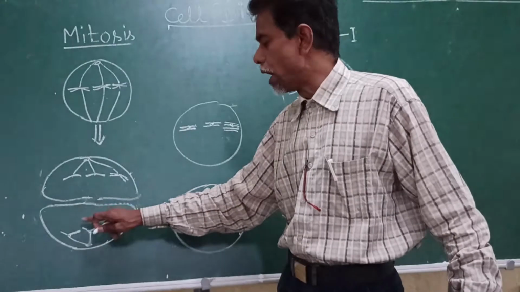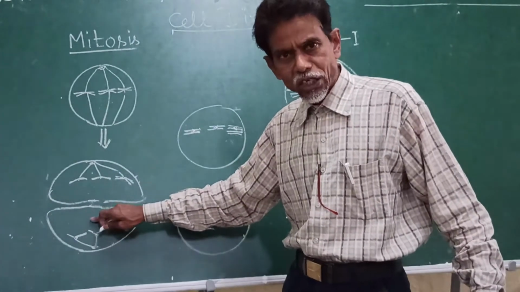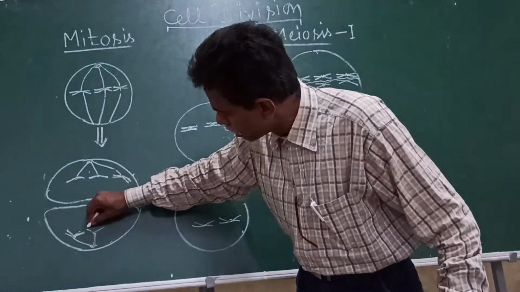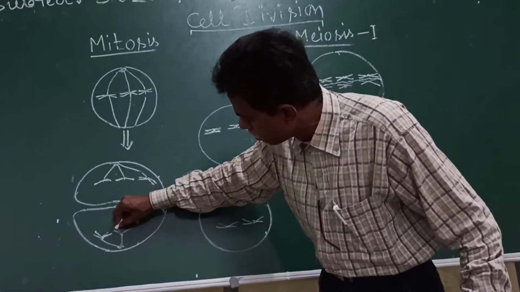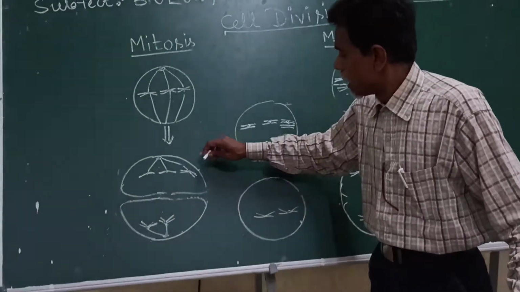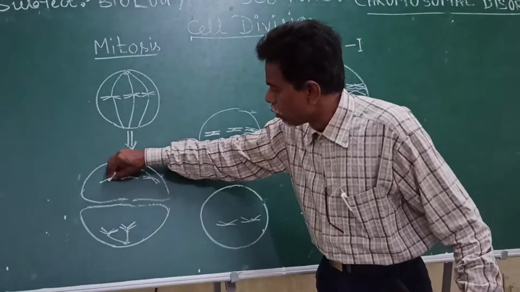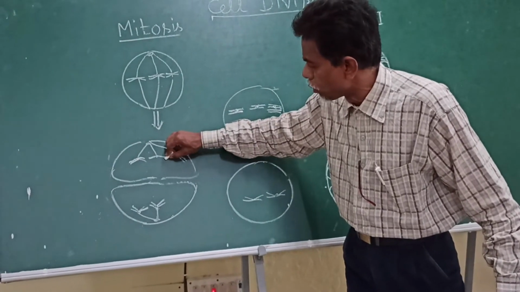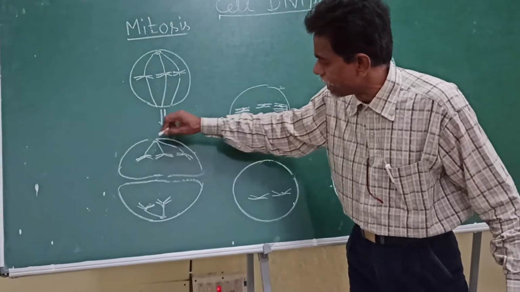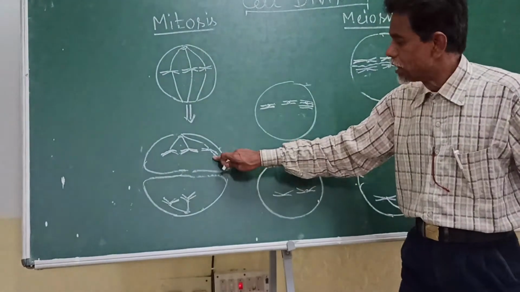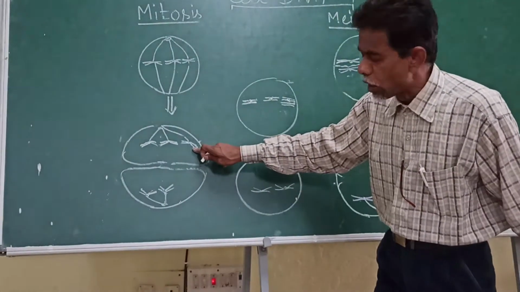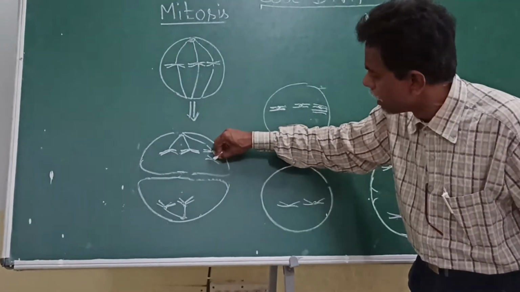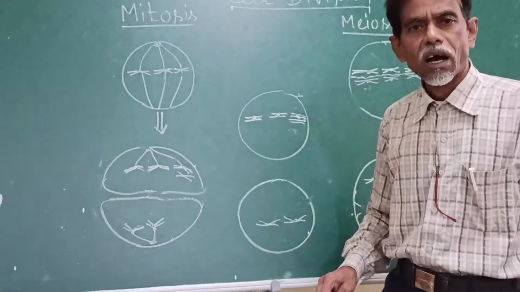These 2 chromatid will undergo duplication. They will form a chromosome later on. Here, this will form a chromosome after duplication. This will form a chromosome after duplication. But what about this? This is already a chromosome. So this will also undergo duplication. As a result, an additional 1 chromosome will be there.